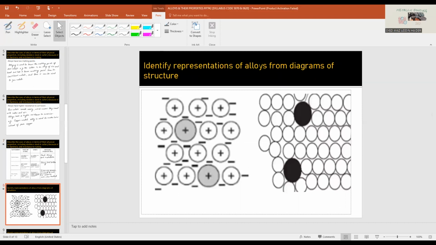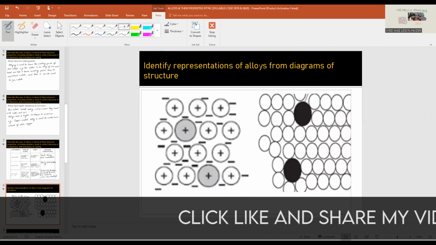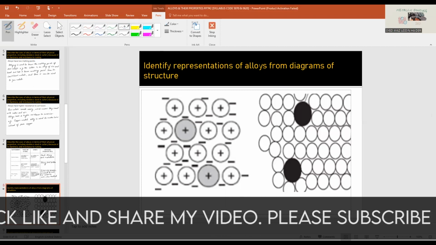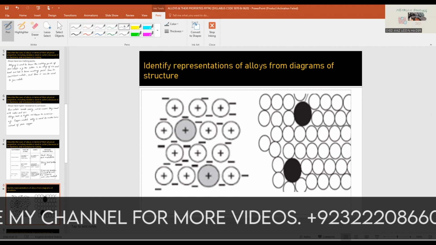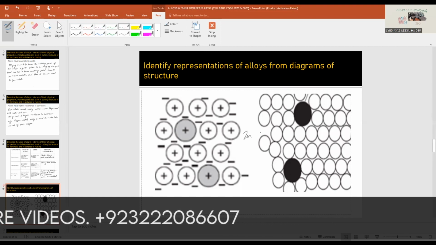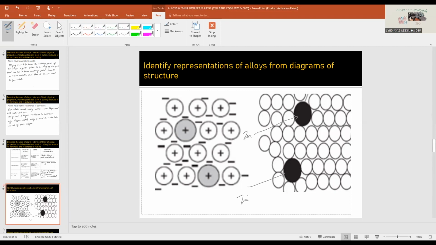Here's a diagrammatic presentation of alloys such as brass. See the diagram on the right hand side. These big black atoms are actually zinc. In between, lots of small sized copper atoms. These all are copper atoms.